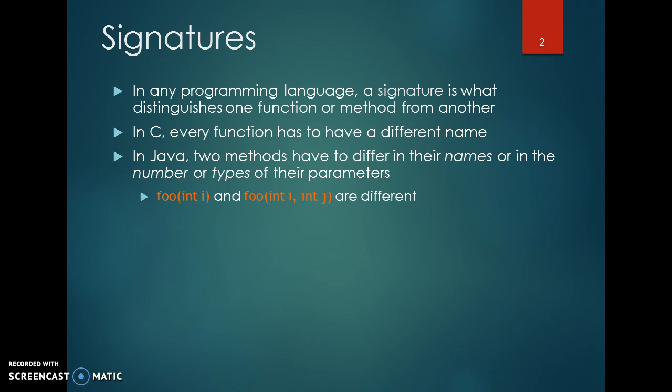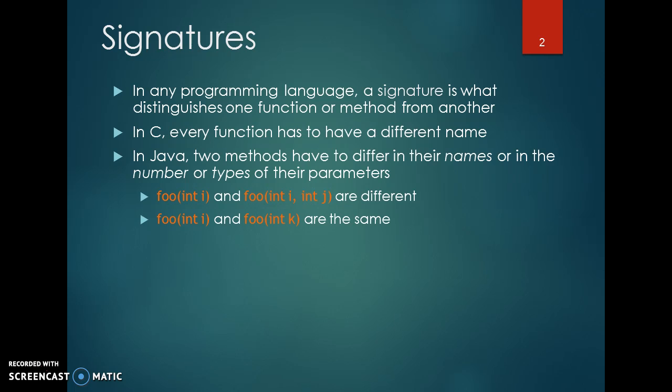For example, if I am thinking about a method called foo, if it has one parameter i of type integer, that is foo within parentheses int i, and another method having the name foo once again, which takes two integers, that is integer i and integer j, they are different.